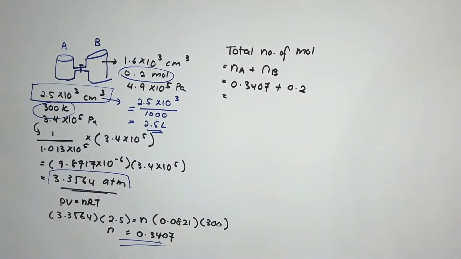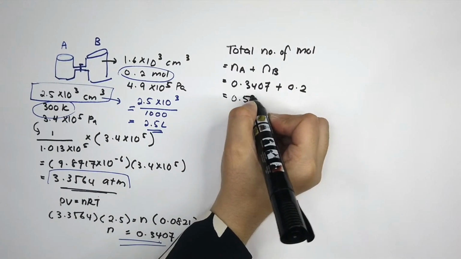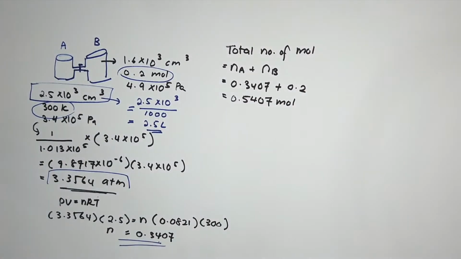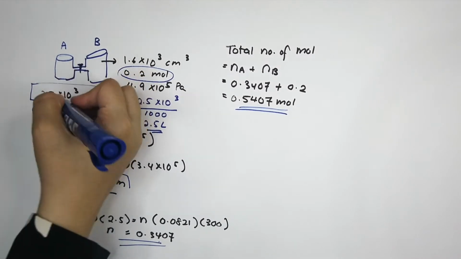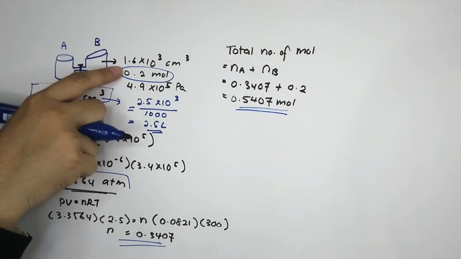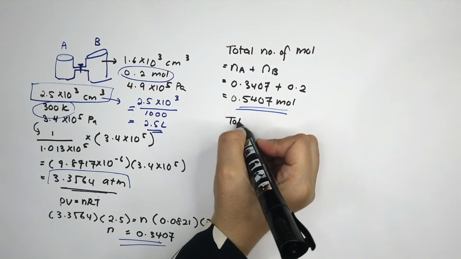So the total shall be 0.5407 mole. This is the total number of moles of gas. When the pipe is opened, the gas will mix together, so the total number of moles of gas shall be 0.5407. What about the total volume? We need to calculate the total volume as well.